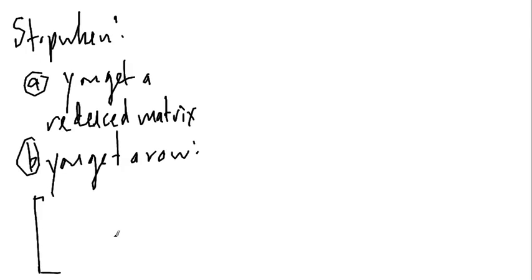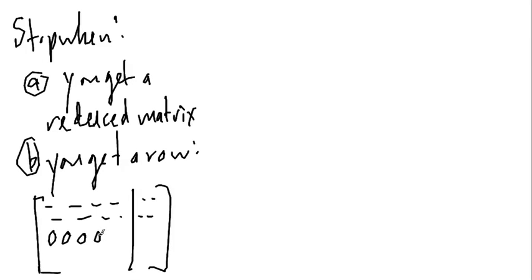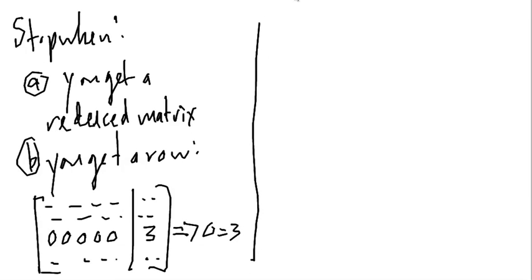Here's my augmented matrix with a bunch of rows up here, and let's suppose I end up with one row that's all zeros and then has a 3 here. This corresponds to the equation 0 is equal to 3, and that tells us that we have something inconsistent.